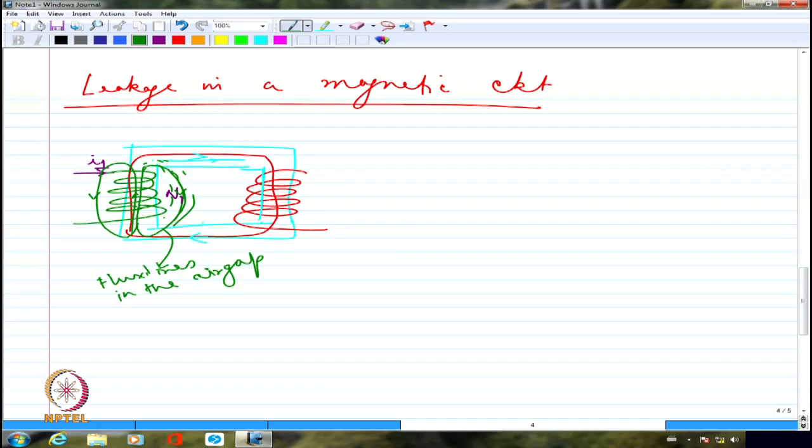So we will call this the leakage flux. So leakage flux is present whenever there is something which is not linking the other member. We generally expect that both members of an electrical machine should be linked with a common flux. If I have a stator and if I have a rotor, both of them have to be linked with each other.